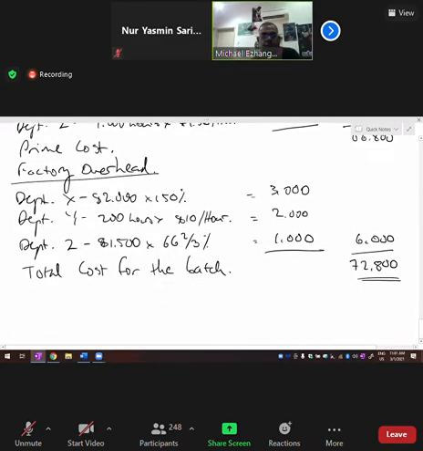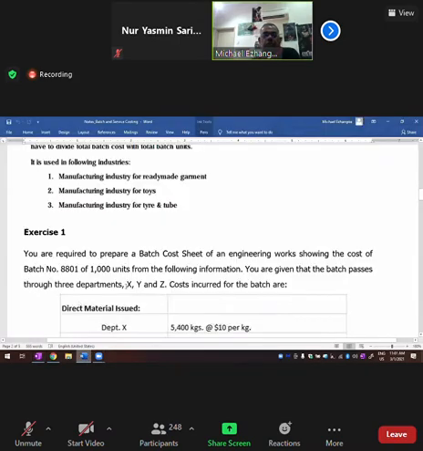So we got the cost for the batch. So cost per unit becomes 72,800 divided by, the batch is for 1,000 units.